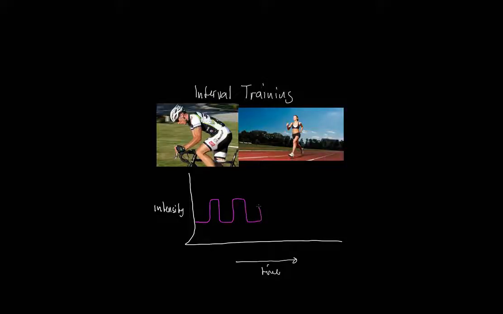We get this kind of profile for interval training, okay? I'm just sketching it in, but you get the idea. It looks a little bit like this in terms of the intensity of the workload. Just bear in mind that this doesn't necessarily reflect our percentage of heart rate max, which wouldn't react as immediately. This is just change of intensity.